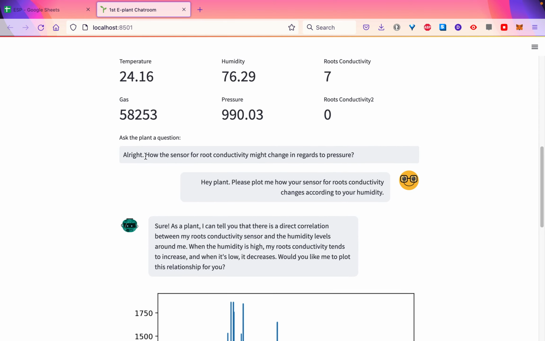So what I'm going to say is, please plot me pressure against sensor for roots conductivity.